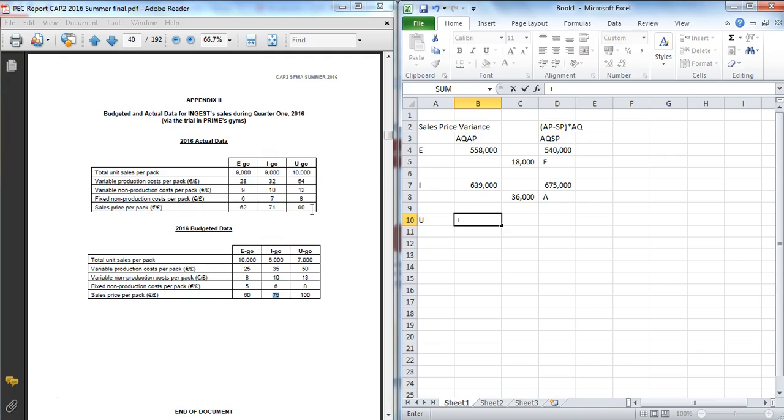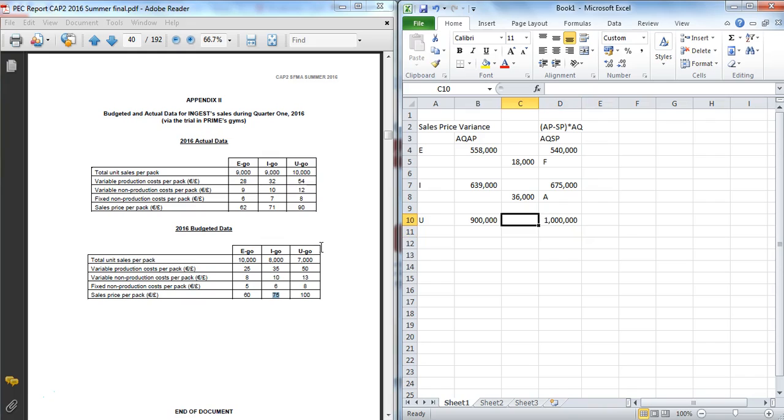Final one then, very mechanical again, same thing, 10,000 units actually sold for Yugo times 90, whereas there were 10,000 units budgeted as well, but we budgeted a price of 100. So again, there's a difference there of 100,000. Put that down. And again, the actual selling price was lower than the budgeted, therefore it must be adverse.